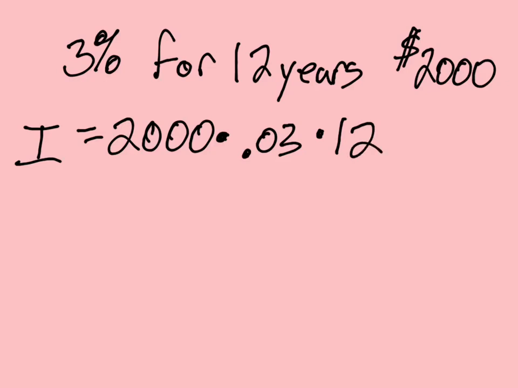And this time they asked just for the interest, and so I don't need to add it to my principal amount. So that's careful that we do that. We make sure that we understand that our interest of $720 is not going to be added back to the principal amount because the question was how much interest do we make? So this time the answer is $720. If it had asked for ending balance, we would have added it to the $2,000.